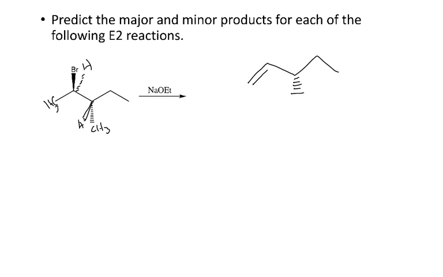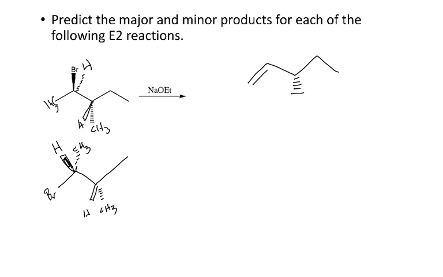If I redraw that, we haven't done anything with those guys yet, but now we've rotated it so that the bromine is down here. The methyl group is going to take the place of the hydrogen, and the hydrogen is going to take the place of the bromine.